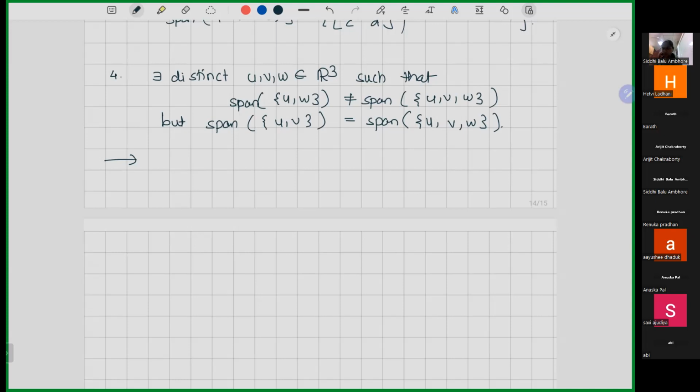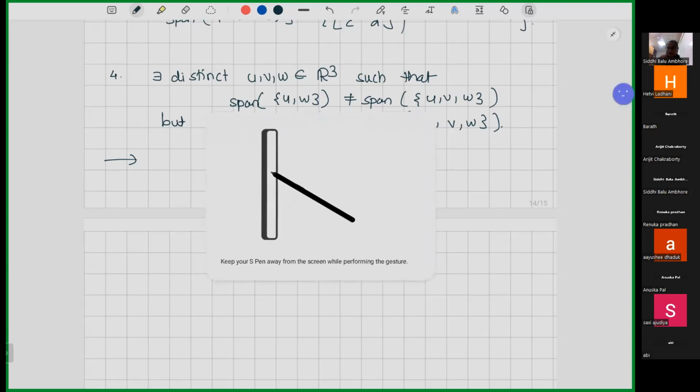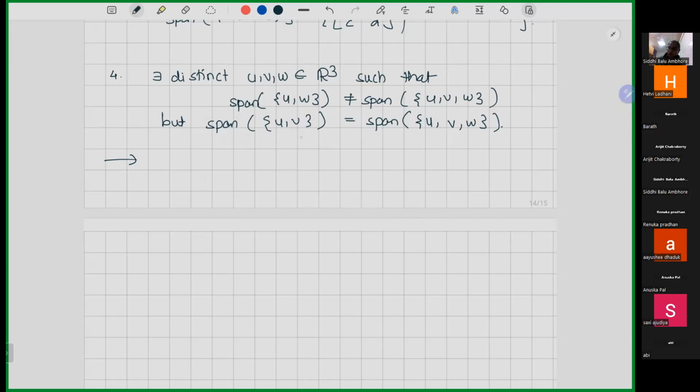Okay, so a way to think through this is to note the second condition: the span of U, V must be equal to span of U, V, W. So whatever U, V span, W also satisfies that, right? So if we choose W in the span of U and V, then this would happen.